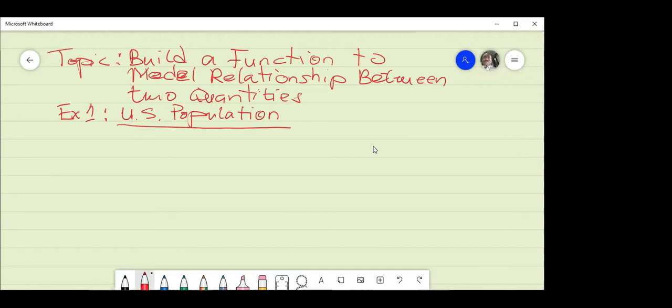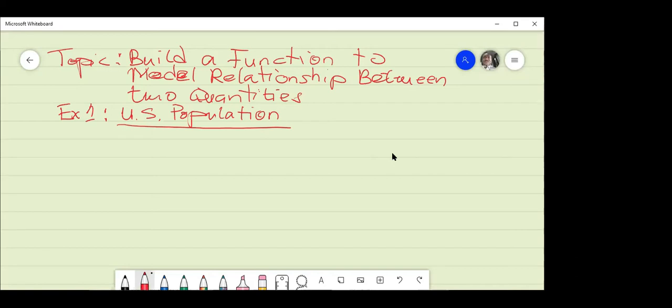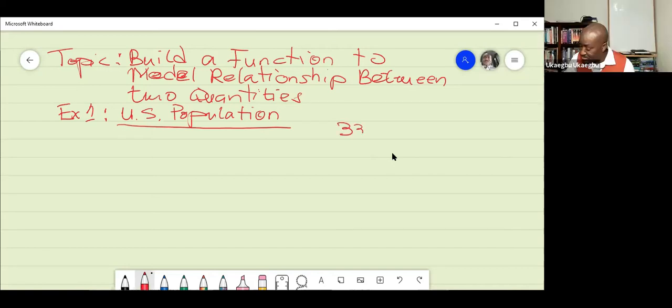Okay, somebody said 300 million. Another response, please? It's within the neighborhood of 300 million, but it's probably about 330 million people living in the United States right now, plus or minus. 330 million people are in the United States.